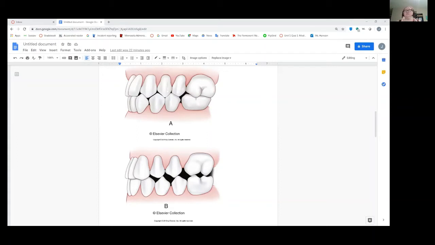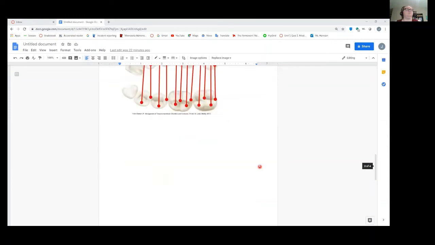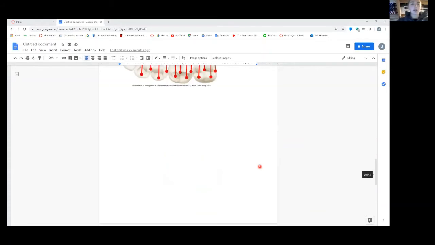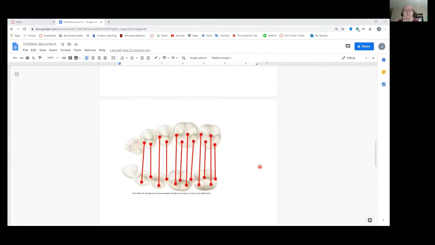Because there's a difference. I really want to make sure that you guys understand the difference between these two and why it matters. Can you say one more time what it is? Centric relation is the one that you have. Okay.